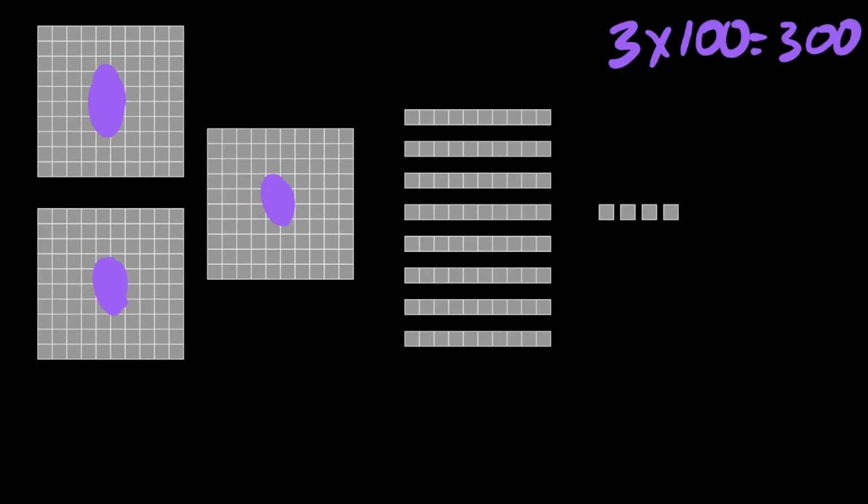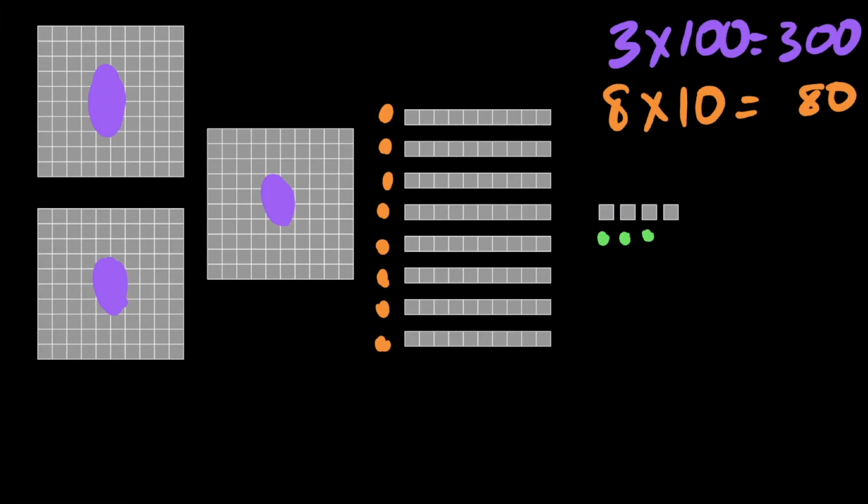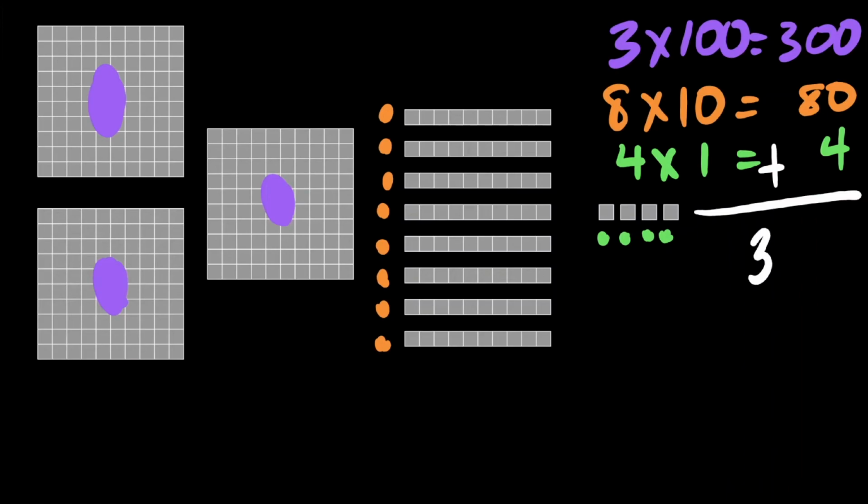Looking at this next problem, we have 3 100 blocks. We have 1, 2, 3, 4, 5, 6, 7, 8 tens blocks, and 4 single blocks. So let's go ahead and put in the digits in the correct position. 3 100s.